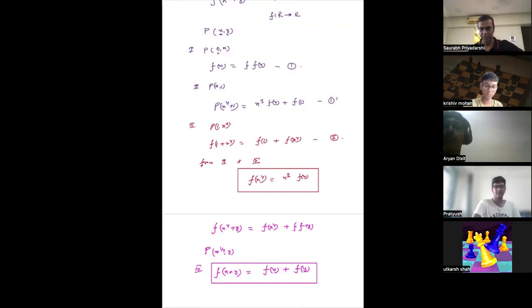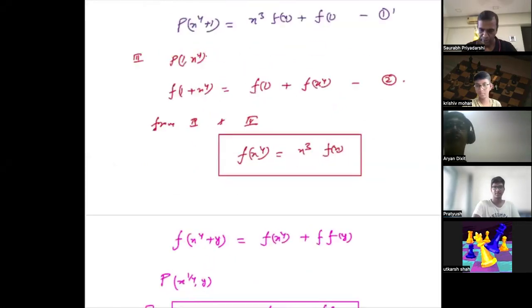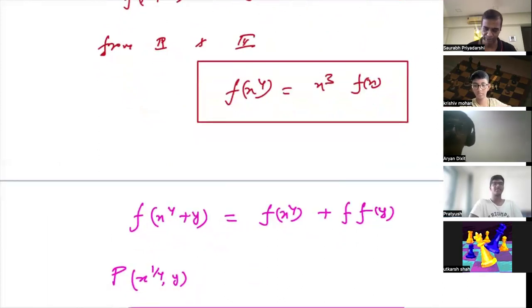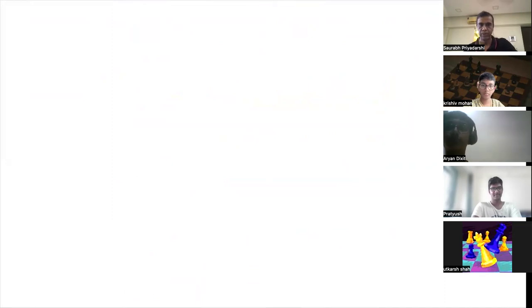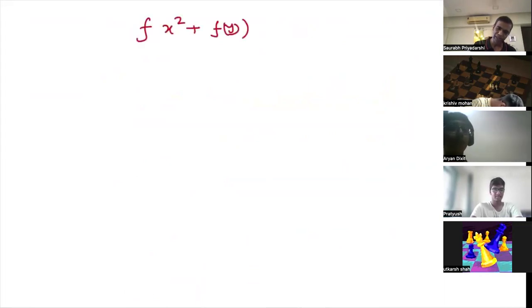Next. One more, please. Have time. See, again almost the same question: f of x square plus f of y, in place of y I have changed something, f of x plus y.